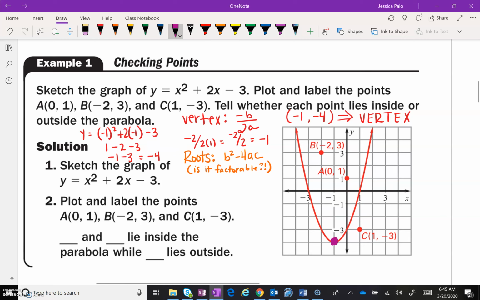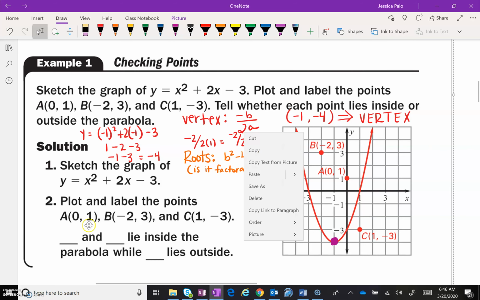The next thing you would need to graph your parabola would be some roots. So I don't really feel like using the quadratic formula. I know that in Chapter 9 you technically haven't learned yet how to do some factoring, but you already know how to factor, so why not factor? We already did Chapter 10. So I plugged the values a, b, and c into the discriminant quickly just to see if it is factorable.